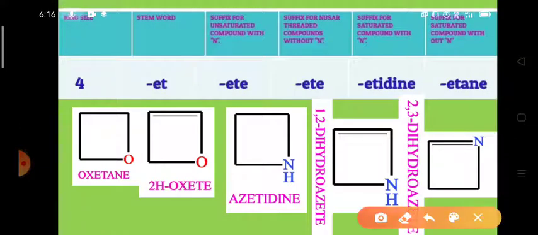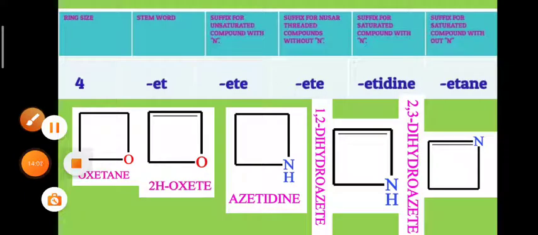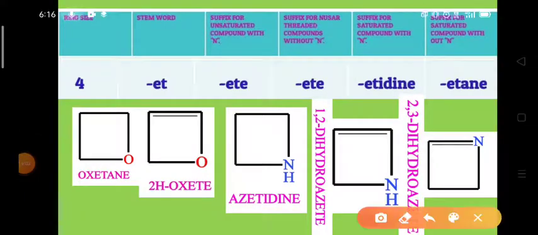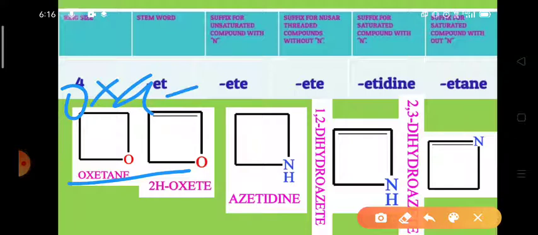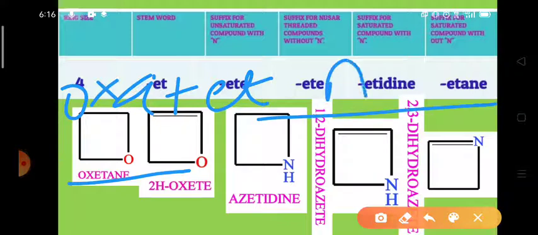And here we can see some four-membered heterocyclic compounds. These two are oxygen heterocyclic compounds. The prefix is oxa, and the stem word is ete. And for these two, the prefix is aza, and the stem word is ete.